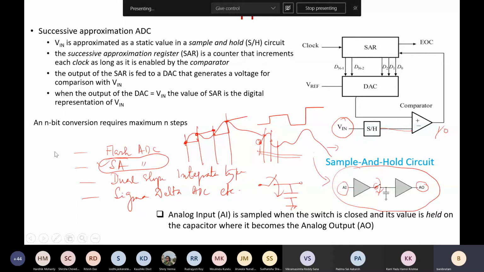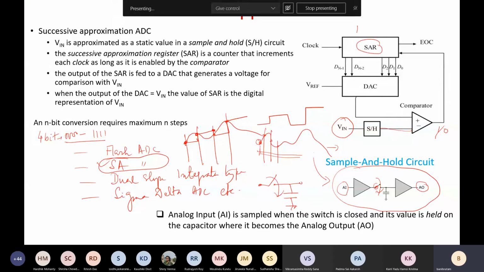Suppose you want to convert a 5-volt signal, and suppose you want to use 4 bits. You want the digital output to have 4 bits, right? So 4 bits means the range will be 0000 to 1111, right? For this example, what will be the initial value stored in the successive approximation register?